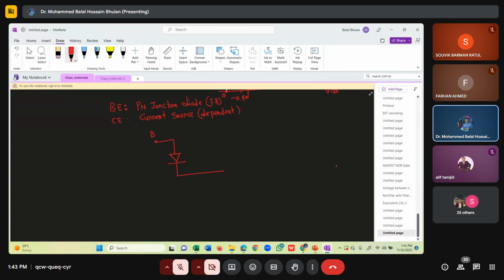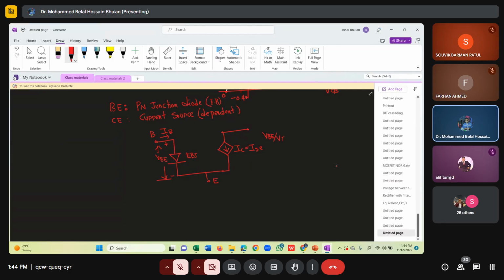So base and emitter, this is our EBJ, which is forward biased, plus minus, and the current flowing is IB. And between collector and emitter, it's a dependent current source, which is IC, which is IS e to the power VBE over VT.